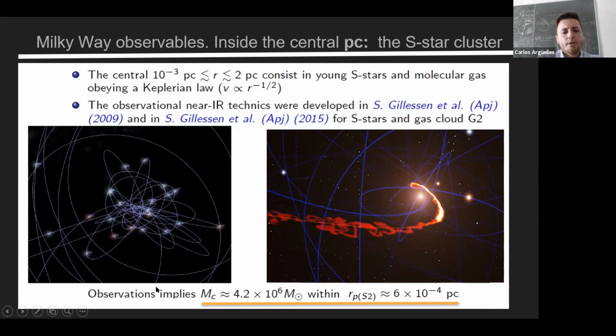So, as you know, the best object to constrain the central mass in the center of a galaxy is the S2 star, constraining a central mass of roughly, well, this is a bit outdated value, 4.2 10 to the 6 solar masses within the first milliparsec, but now values are more roughly about 4.1 10 to the 6.